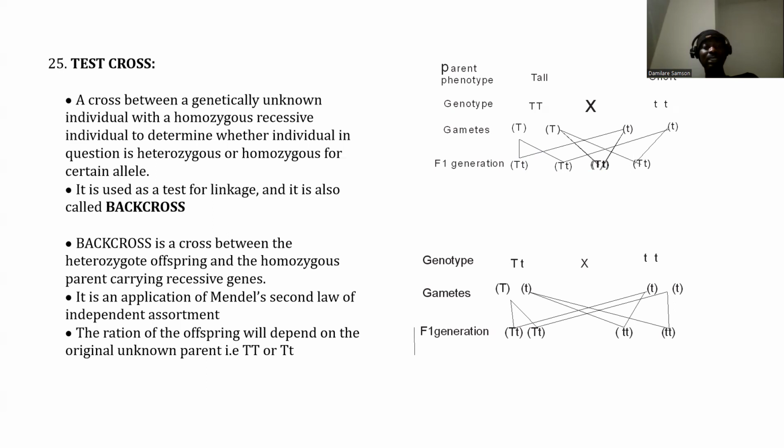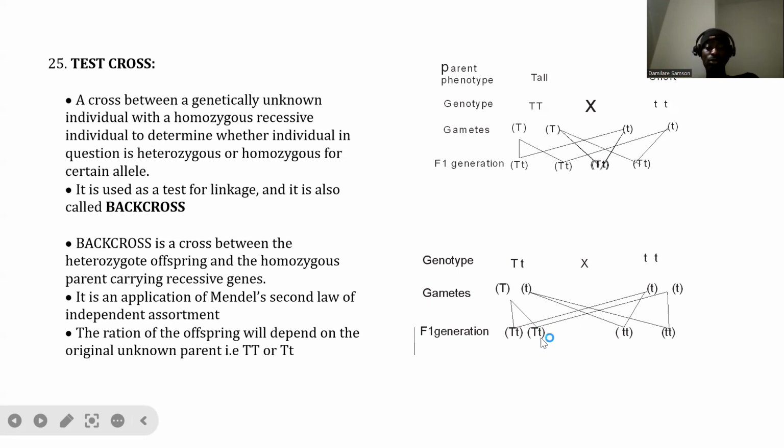But the explanation is: genetically unknown individual, you are crossing it with what? Homozygous recessive. For the heterozygous stage, you pick the heterozygous genotype and cross it with this homozygous recessive individual. At gamete formation, gamete 1, gamete 2, gamete 3, gamete 4, when you cross it, you notice that you have what?